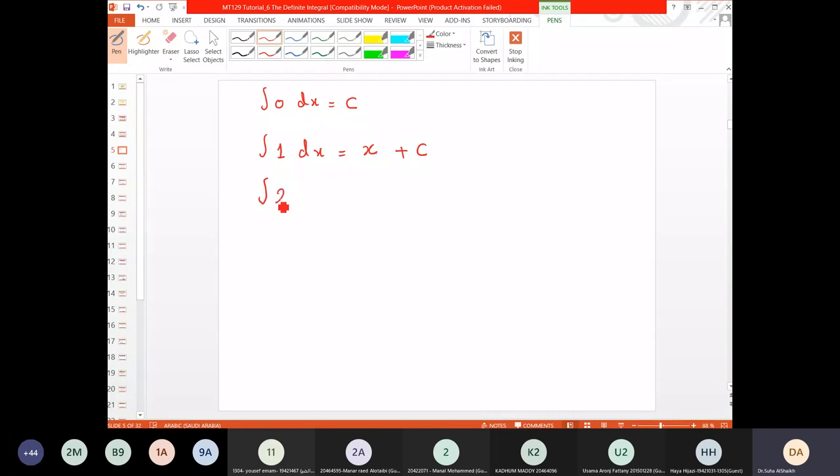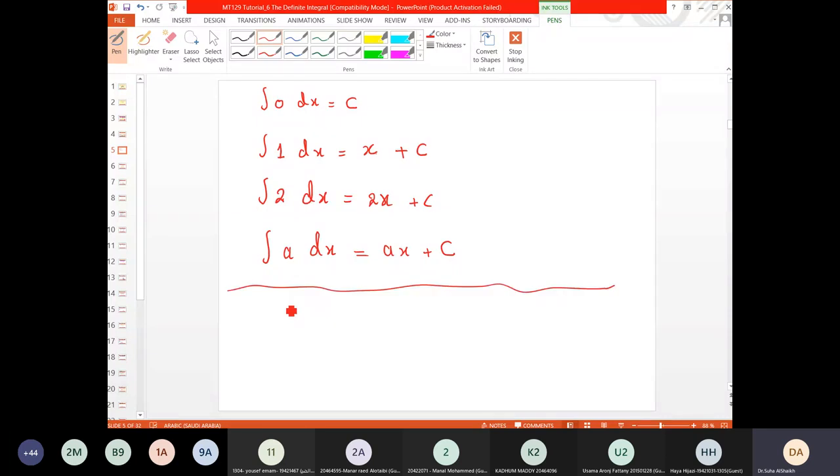If I want the integration of 2 dx, it will be 2x plus c. In general, when I have, let me say, the integration of a dx, with respect to x, where the function is a constant a, this will equal ax plus c. Now as a power rule, if I have the integration of 9x to the power 8 with respect to x, we agreed this is x to the power 9 plus c.